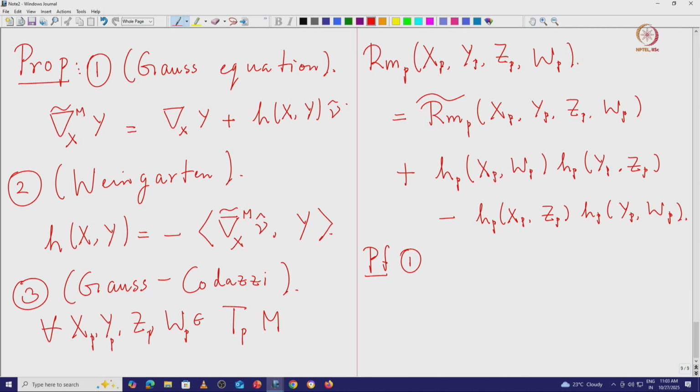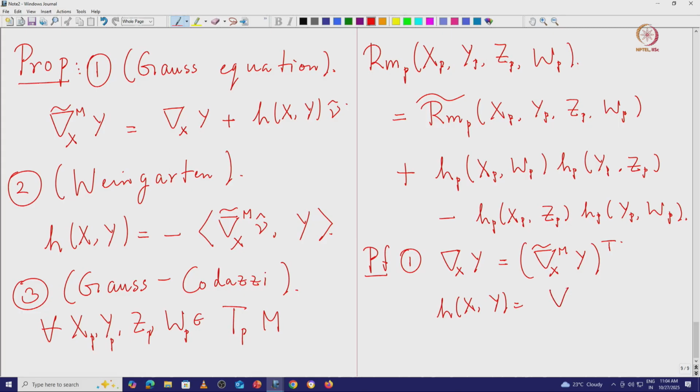Okay, so the Gauss equation, as I said, is from definition, because we have already observed that if you take the intrinsic covariant derivative of y with respect to x, then that is simply the tangential component of this. On the other hand, what is h x y?